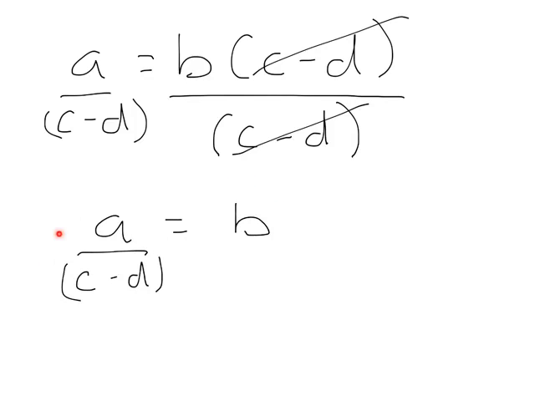And that's it. One step. So I'm showing that to you so that you know to avoid the temptation to distribute this b. Some of the work has already been done for you in simplifying this to get the c minus d as its own quantity. It's already been factored out. So all you have to do is divide.